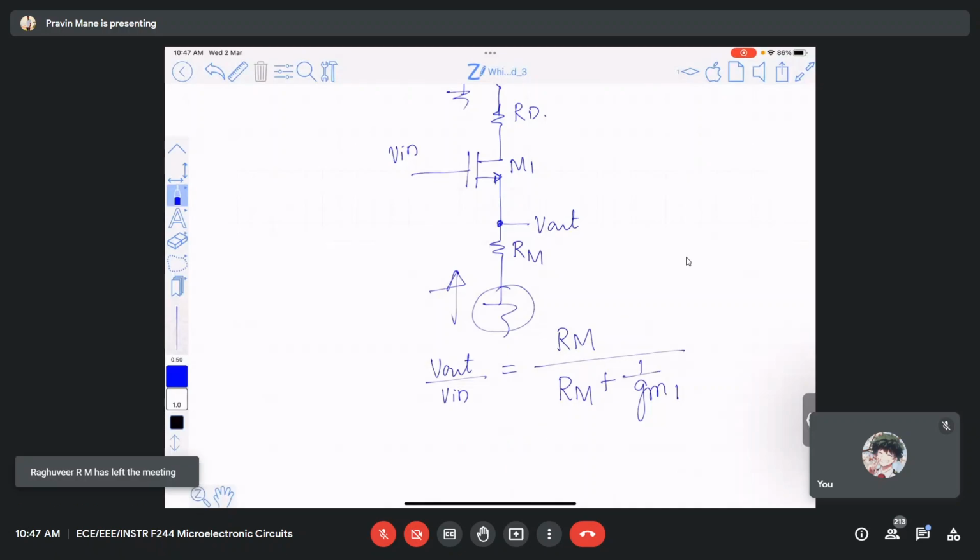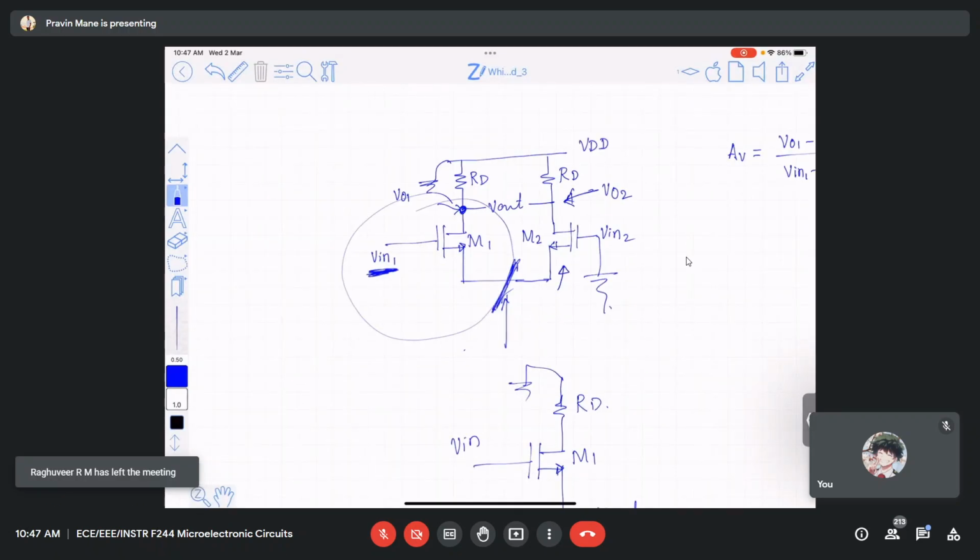And in Thevenin's equivalent, you should find out what is the output impedance also from this terminal. When I open it here, what is the impedance looking from this terminal in this direction? So 1 by GM1. And what is Thevenin's equivalent circuit?